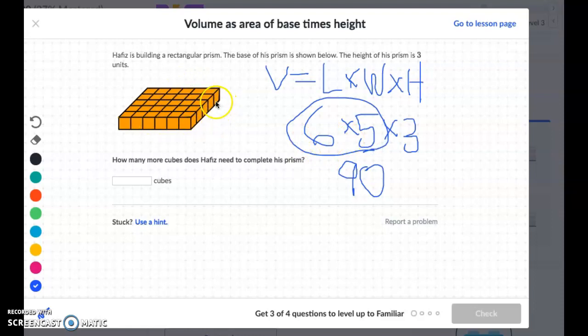So if we are going to build another layer and another layer on top, that's 30 cubes in this first layer, so the second layer would be 30, and the next layer would be 30. So he's going to need 60 more cubes. Okay, so our total amount of cubes is going to be 90, but he already has 30 here. So 90 minus the 30 that he already has will give us that he needs 60 more.